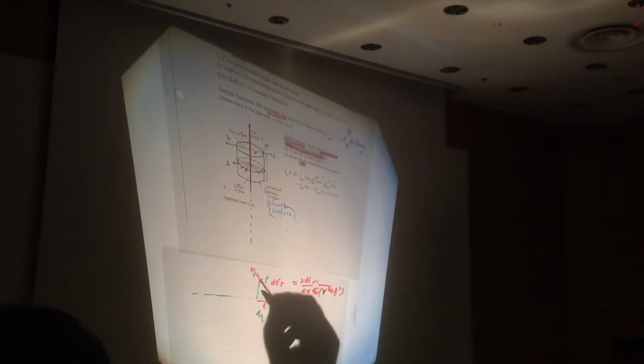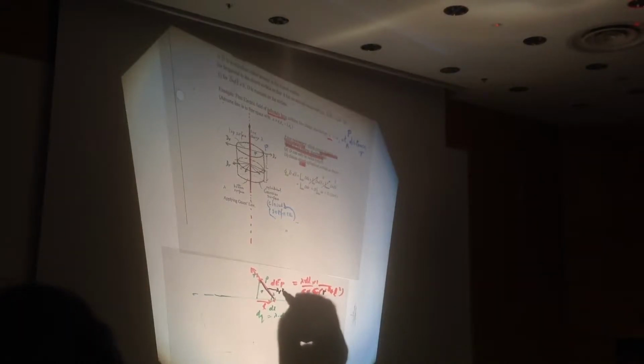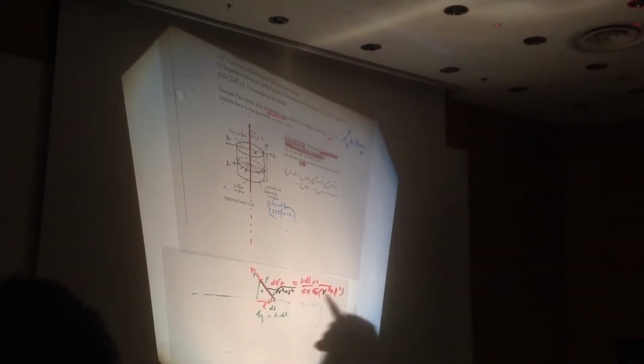So 4 pi epsilon times r squared plus l squared, not r squared.